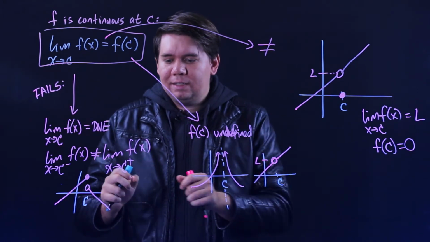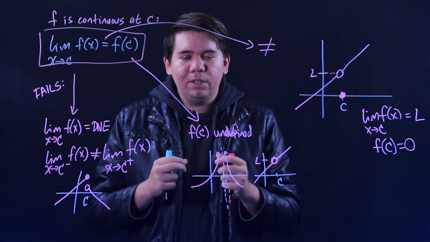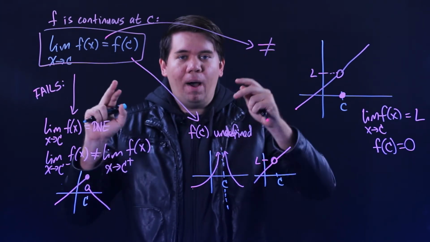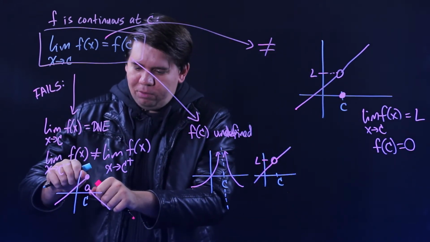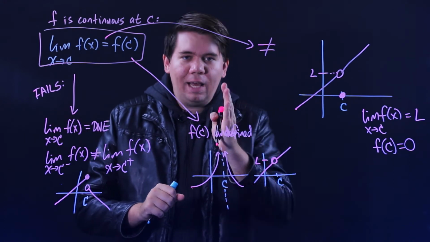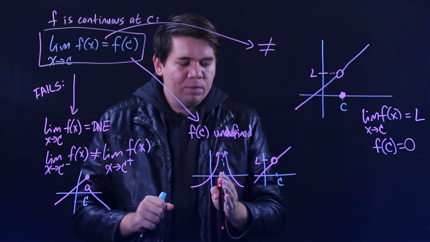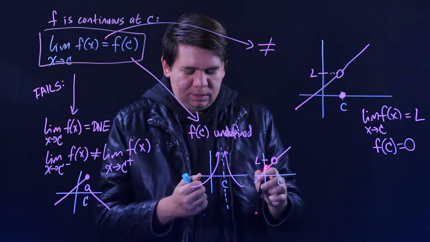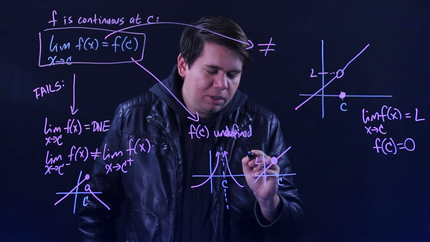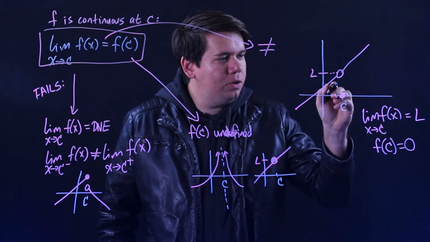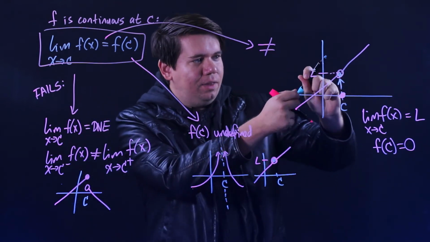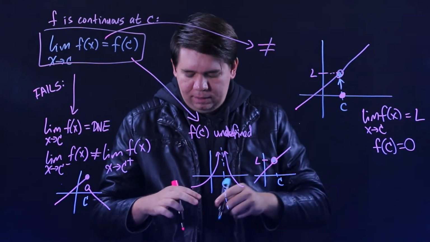Now, notice these discontinuities come in two different kinds. For things like this break, it seems impossible to repair because you would have to move the whole graph up. Or here, there's a vertical asymptote, impossible to repair. Versus if you look at these other ones, if you could just fill in one point right here, you would make the graph continuous. Or if you could just move this one point up, you would be able to get rid of the discontinuity and make it continuous.